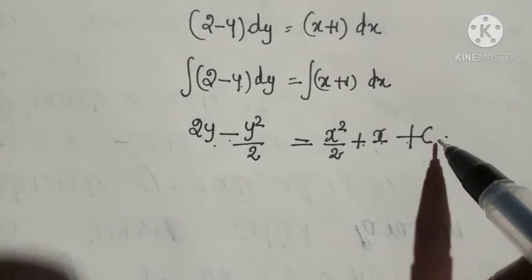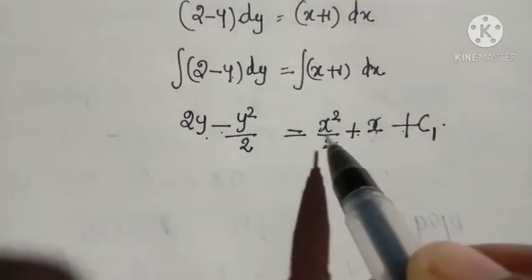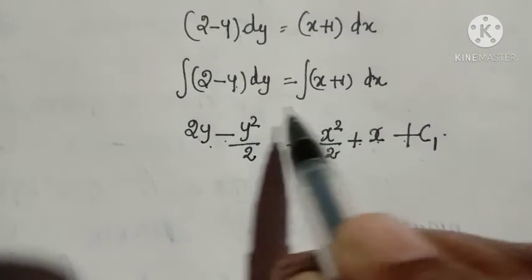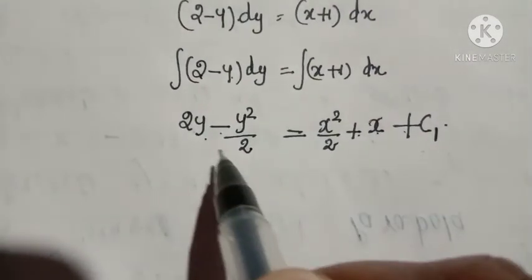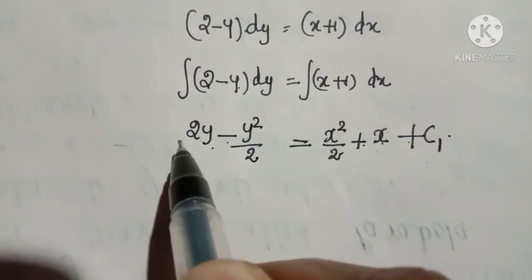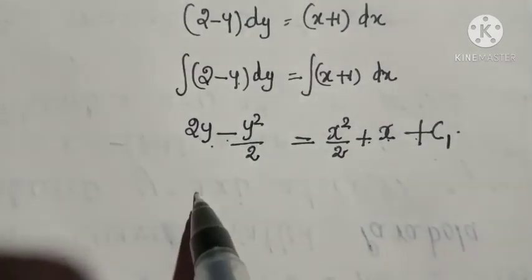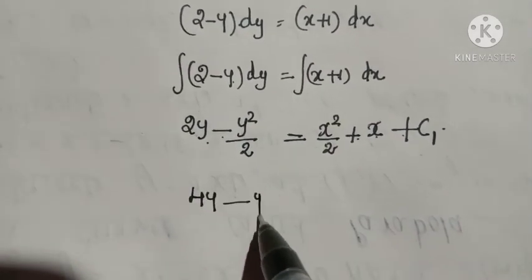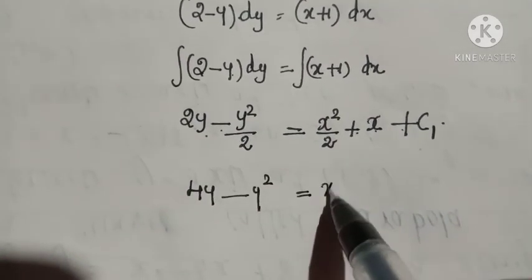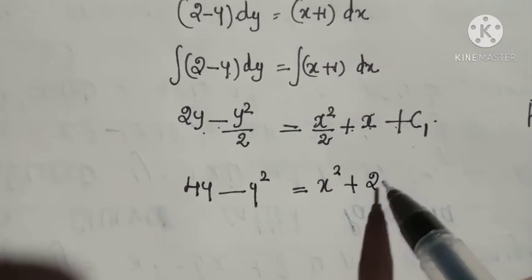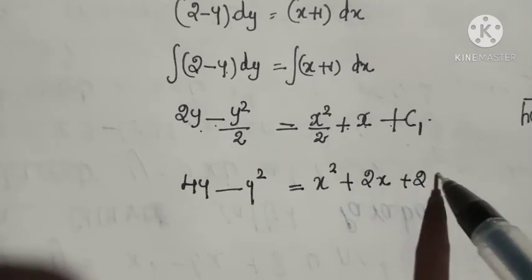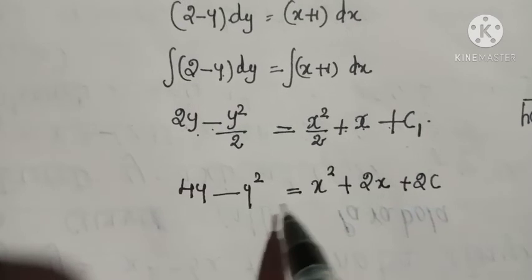Now c, we can write this as c1 because we need to make some alterations here. So multiplying throughout by 2, we get 4y minus y square is equal to x square plus 2x plus 2c1. Now take these two terms to the right side.